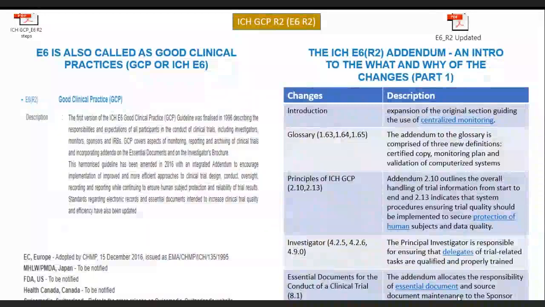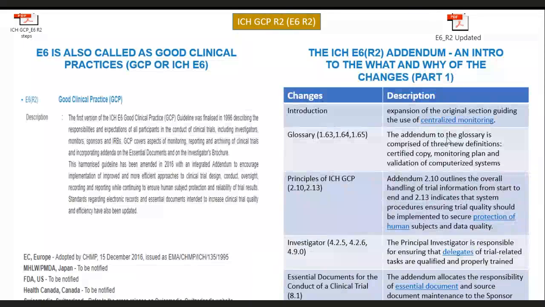Recently, some 2 years back, ICH GCP was amended. That is called E6 revision 2. I'll send you all these two PDF documents you can see here. What were the changes or addendum in the ICH GCP revision 2?